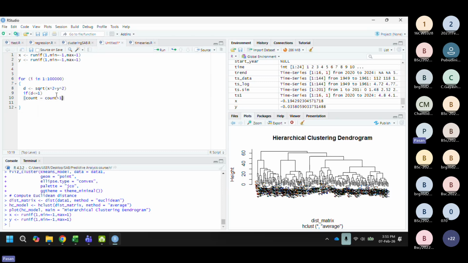So I can do some measurement like that, right? So let me run this and see.